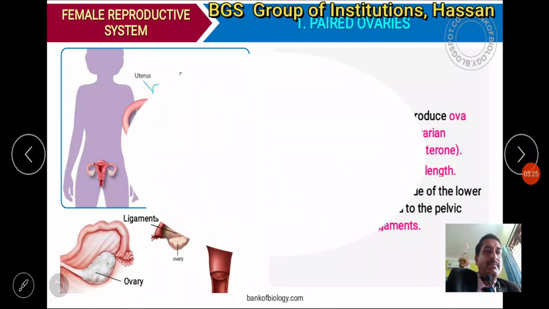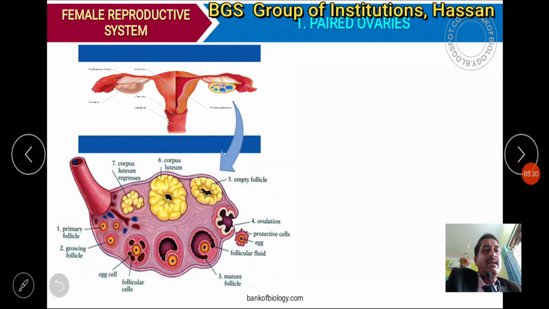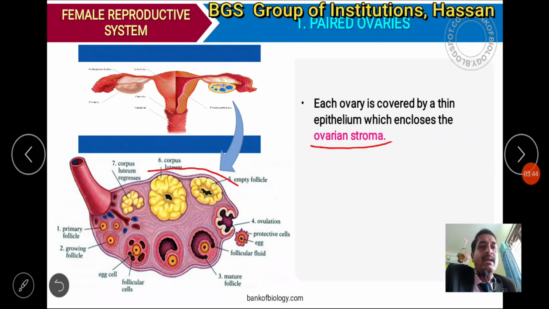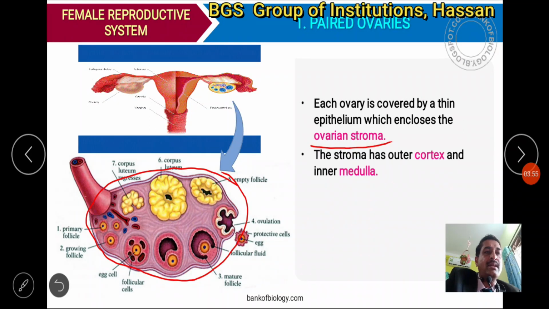In the next clip, the ovary is surrounded by a thin epithelial membrane, which is called the ovarian stroma.